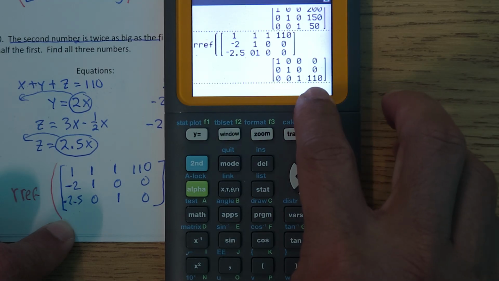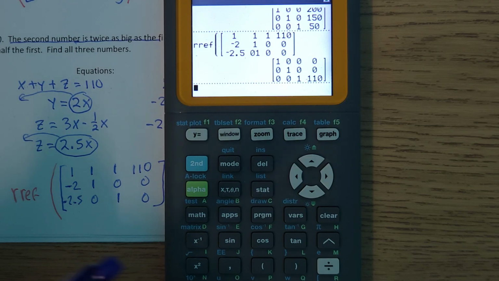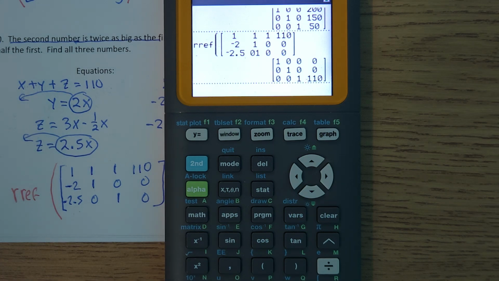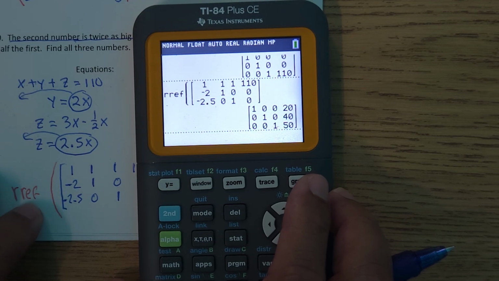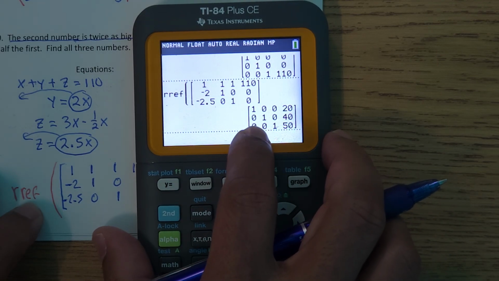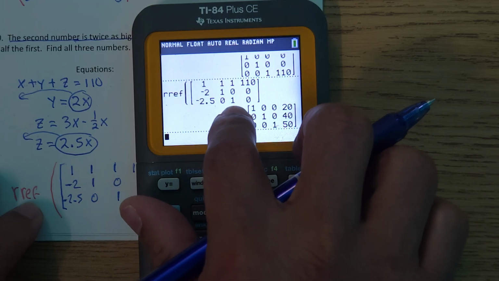And it gives me this matrix, which means the first number is equal to, in this case, what's the first number? I noticed a mistake on what I entered on the previous problem. So notice I just corrected that. I had a 0, 1 here instead of having 0 and then the 1 for z here.